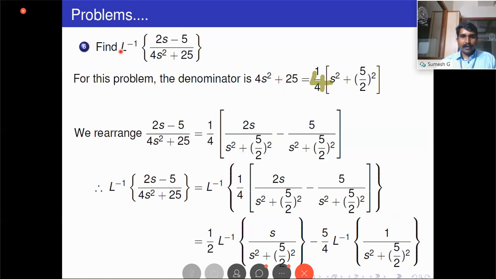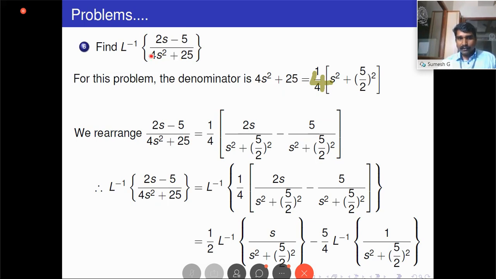Here we had to find the inverse of 2s minus 5 divided by 4s square plus 25. So it contains s square as well as a constant. In these cases, the denominator is of the form s square plus a square.